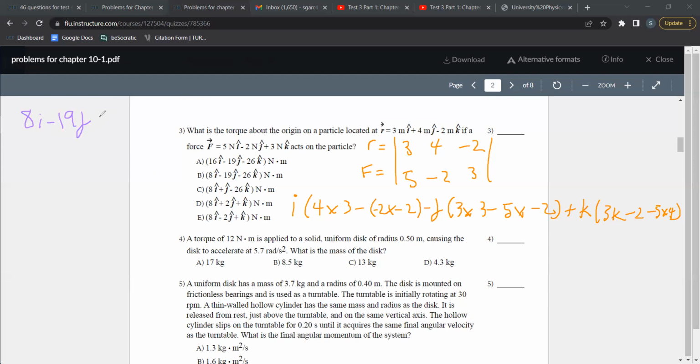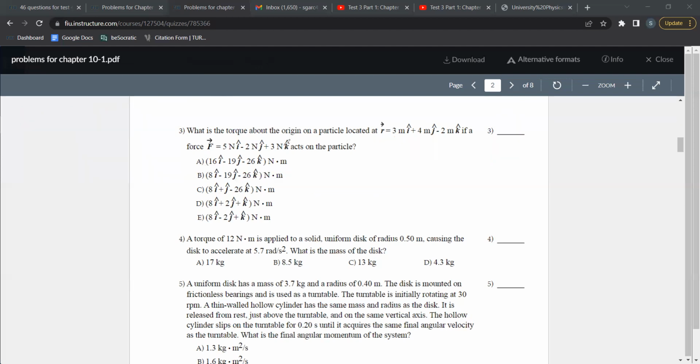And then, okay, minus 23 in the k. And, oh, wait, whoops. Quick little math error there. Minus 26 in the k. And let's see if any of our answers match up with that. And answer B does. So our answer here is B.